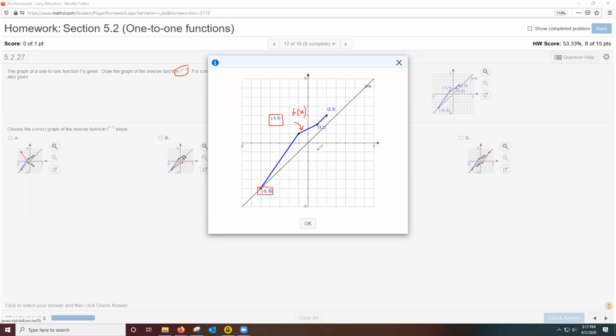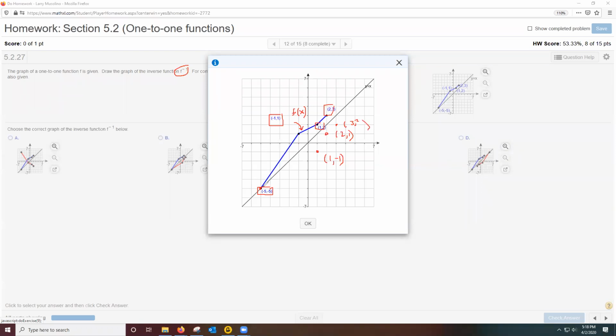So let me plot that. Here is 1, -1. I'm going to do it in red for the inverse function. Let me come over here. Here's the point 1, 2. So its inverse would be here at 2, 1. And one more. Here's the point 2, 3. I'm going to go up to 3, 2. And here's the inverse point, the inverse function.